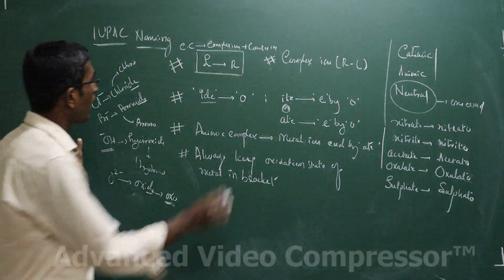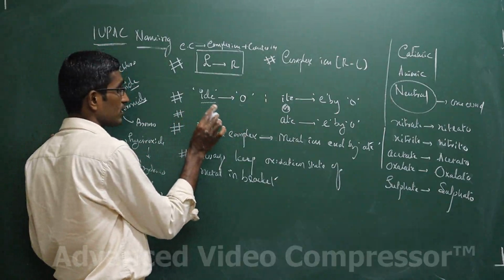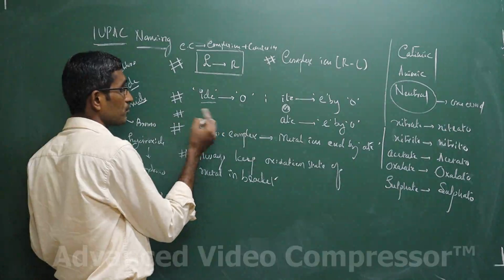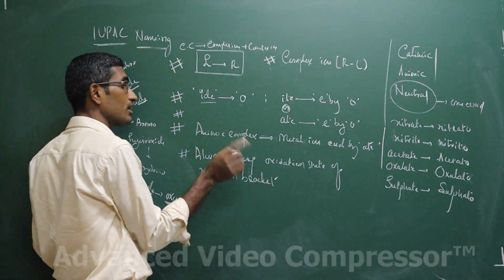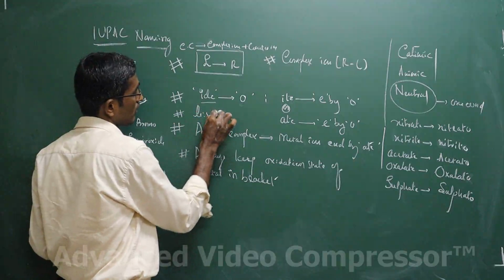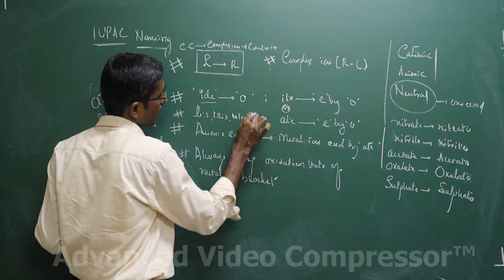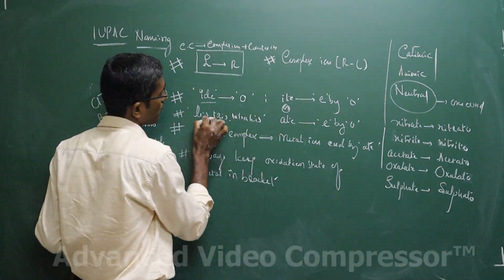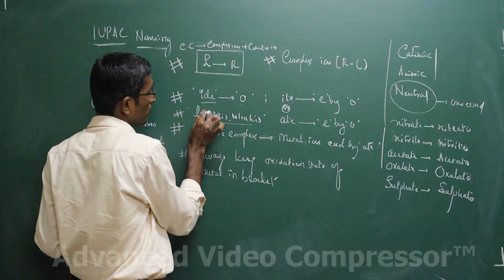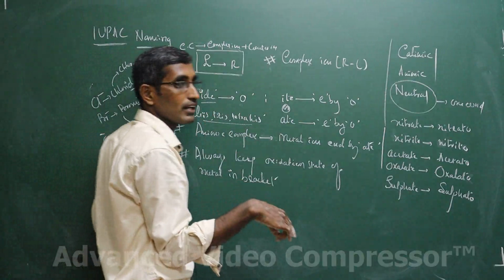Very simple. And one more important thing here, as far as the ligand is concerned, I forgot, students: if it is a bidentate or tridentate ligand, its name already has di, tri, etc. You have to introduce bis, tris, tetrakis, etc. instead of di, tri, etc., because the ligand already has di or tri.